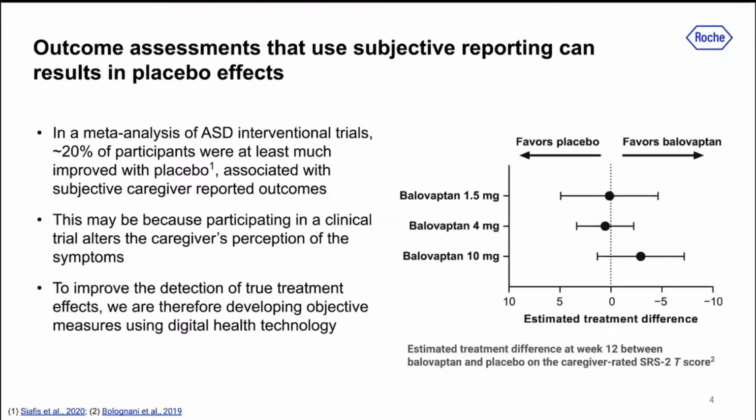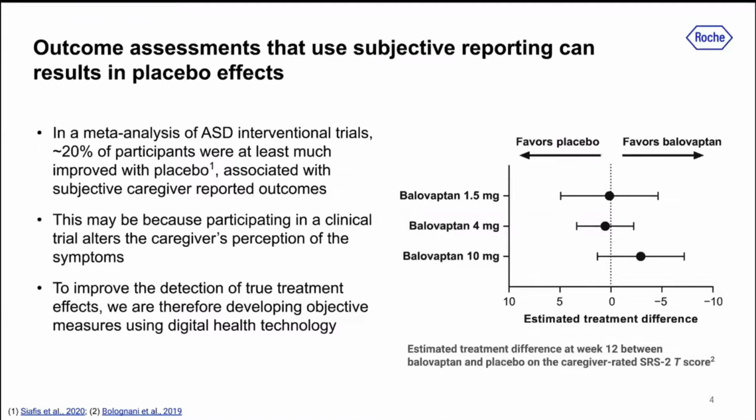But these can be associated with placebo effects, and a meta-analysis recently for ASD interventional trials showed approximately 20% of participants were much improved with placebo. And you can see on this right plot one of the Roche trials for balovaptan, where many participants appear to improve who were in the placebo arm.